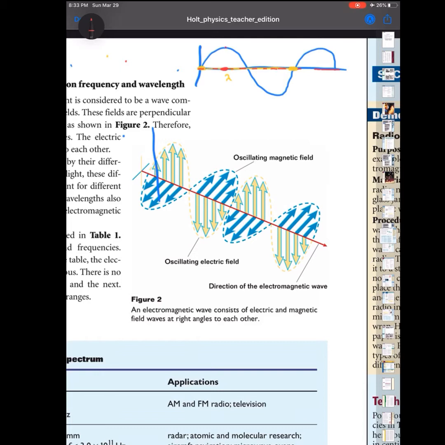From the equilibrium position to the maximum point we call the crest. This is also a crest, another crest. The distance between 2 crests is going to be equal to 1 wavelength. That's the wavelength.